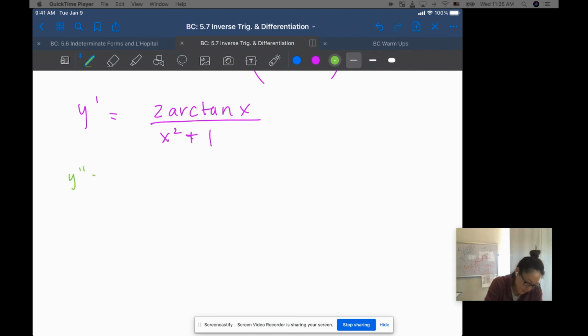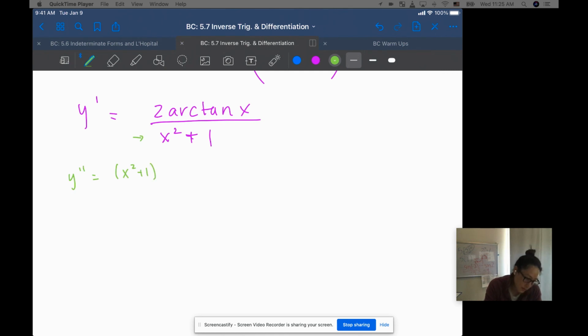So y double prime is equal to, and I'm going to quotient rule this. Remember, it's low d high minus high d low. Okay, so my low is x squared plus 1. So I'll go ahead and just rewrite that. X squared plus 1.